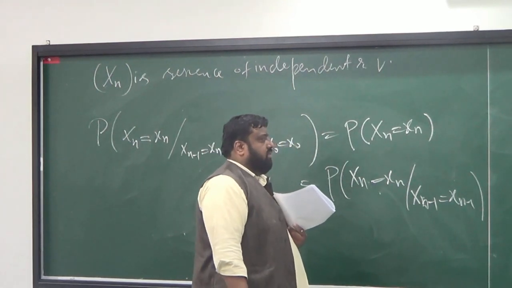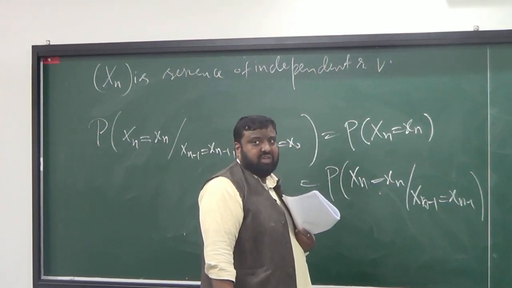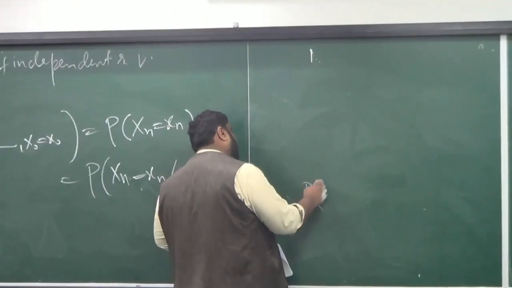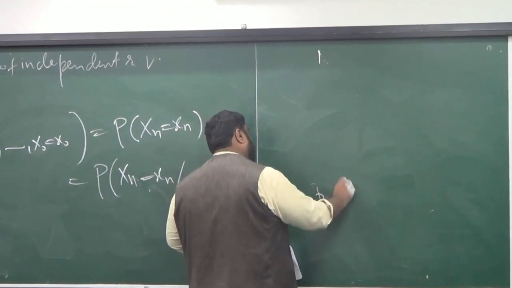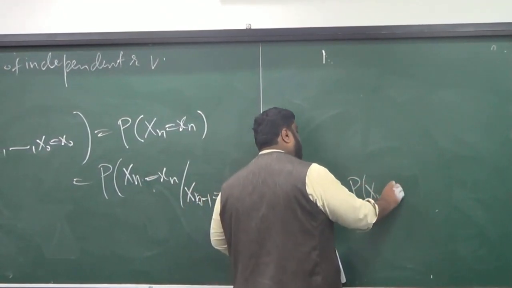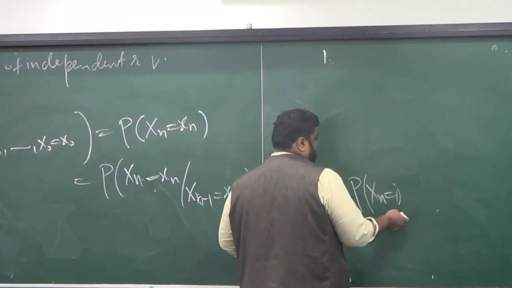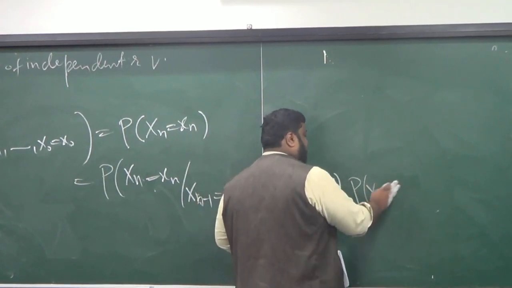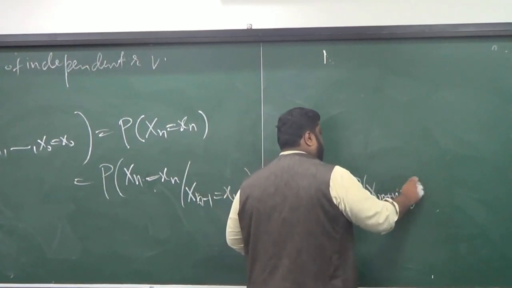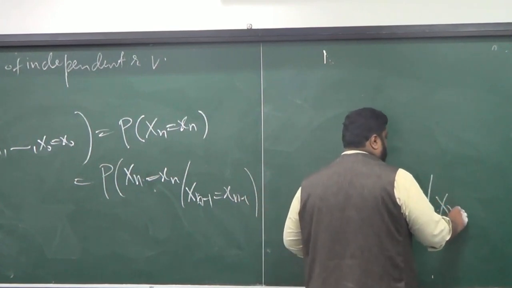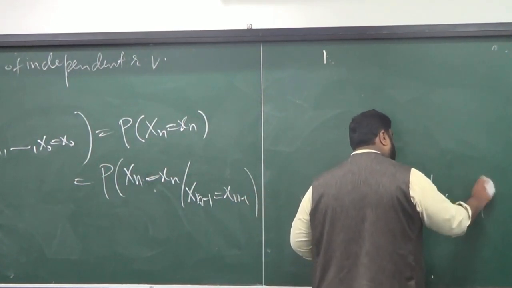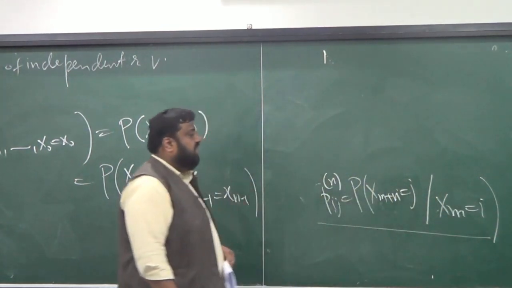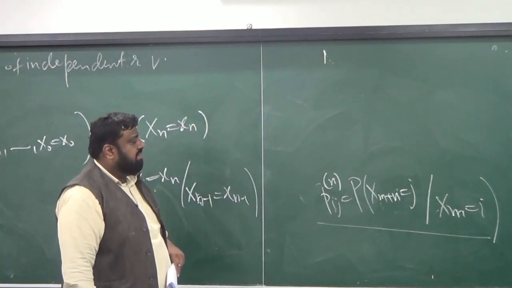Homogeneity means roughly that the probability of being in state j at step n plus 1, given that you are in state i at the nth step, is independent of n.